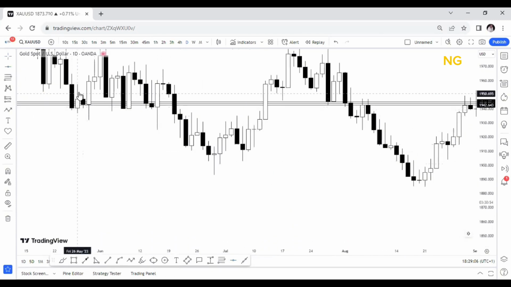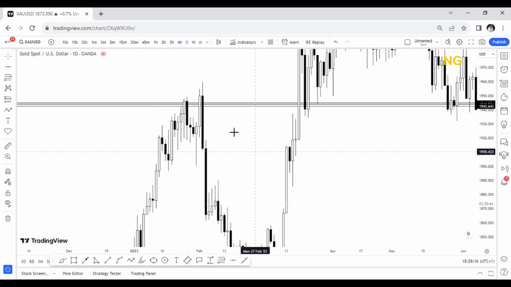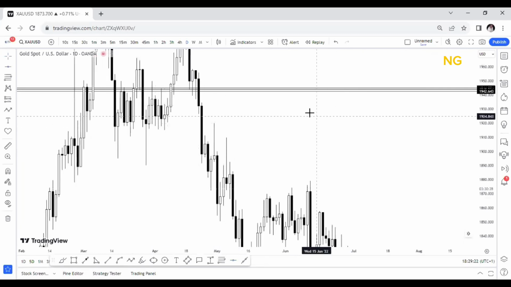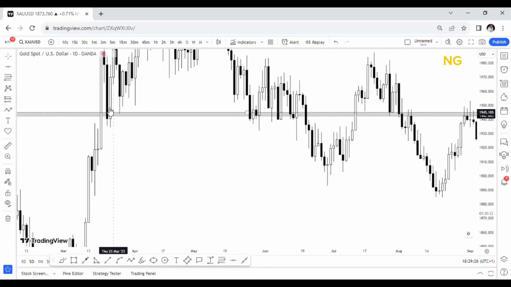If you watch in the back, you can see the testing of this area. If you go back, price always reacts to that level in the past.